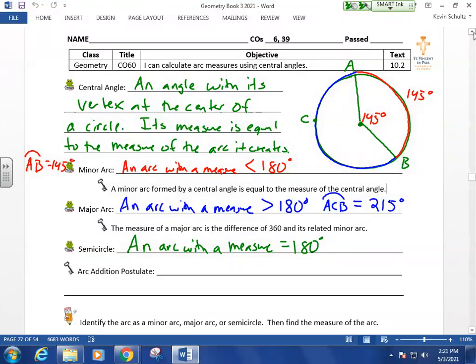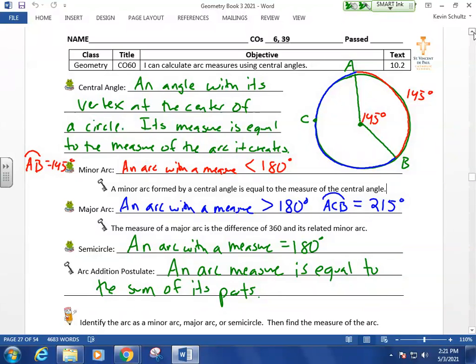The arc addition postulate, just like the segment addition postulate, just like the angle addition postulate, an arc measure is equal to the sum of its parts.